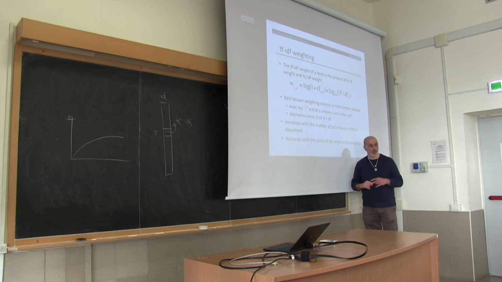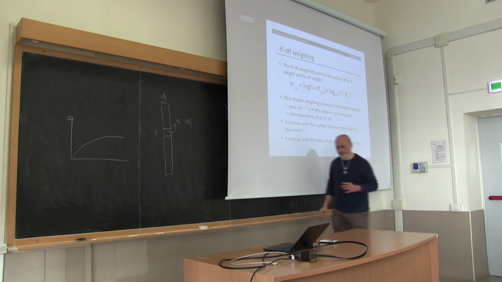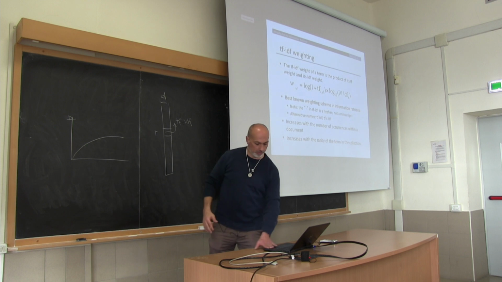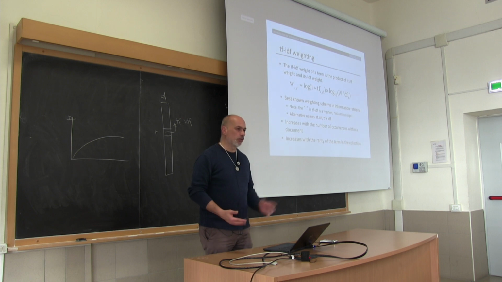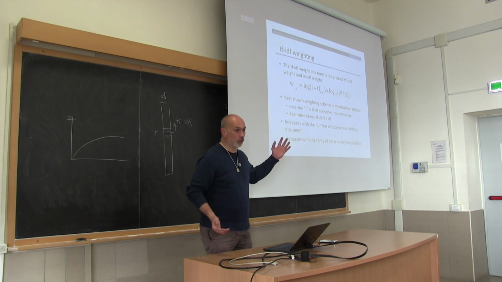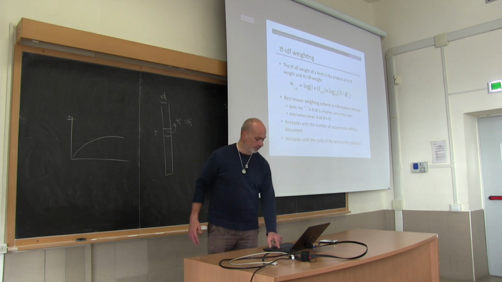Very often instead, when you have to weigh the queries, the terms appearing in the query, you will take this very formula. I do not have to say that there is some empirical evidence supporting this type of thing. If you want to really support them with theoretical evidence, you will have to resort to some model of how the documents are generated, right? Normally this is the result of empirical evidence.